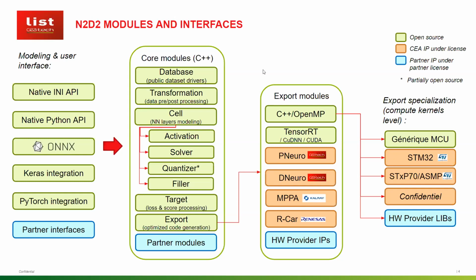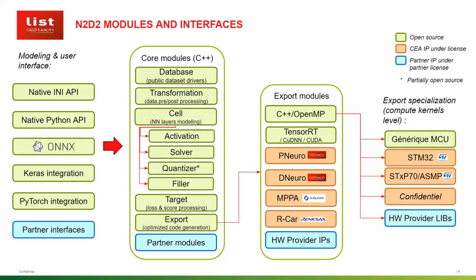Just to situate you on this slide, on the left, we can describe and model our models. Either by the native API, which we call INI file, we can see it a bit further, or now we also integrated the Python API in order to be more user-friendly and also to be compatible with other frameworks.